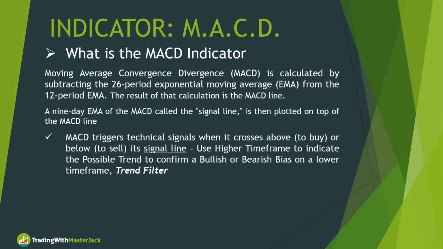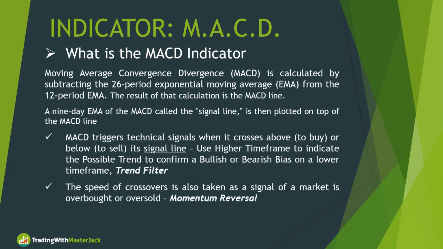So in this principle I generally use it as a trend filter. I use the higher time frame to indicate the possible trend to confirm a bullish or a bearish bias on a lower time frame. The speed of crossovers is also taken as a signal of a market being overbought or oversold, and this can even indicate momentum reversal.